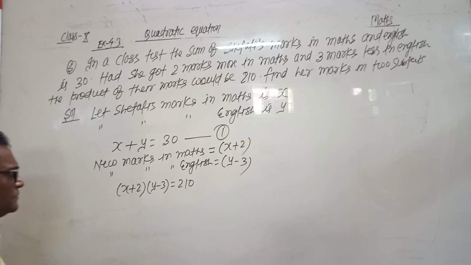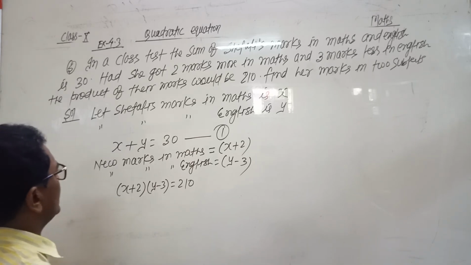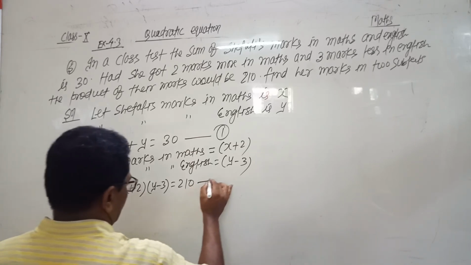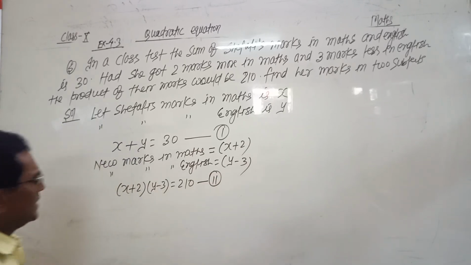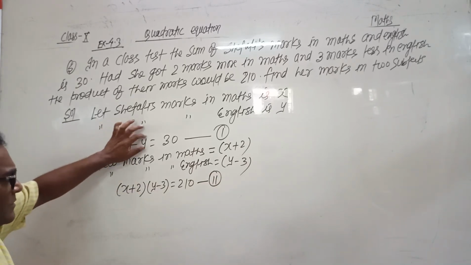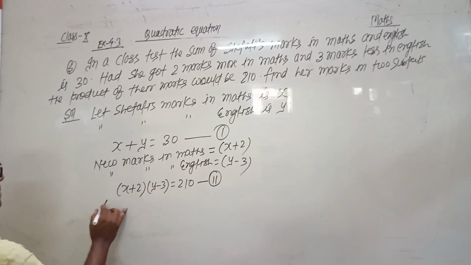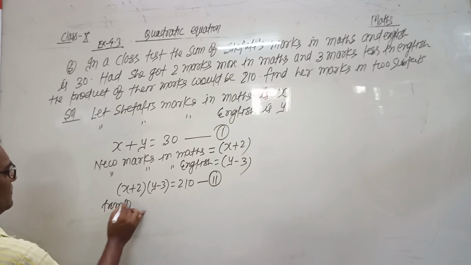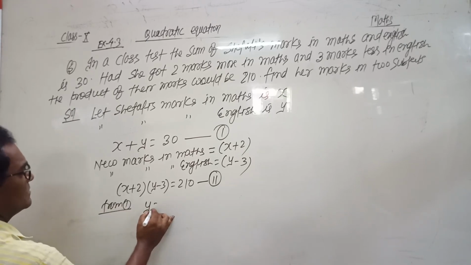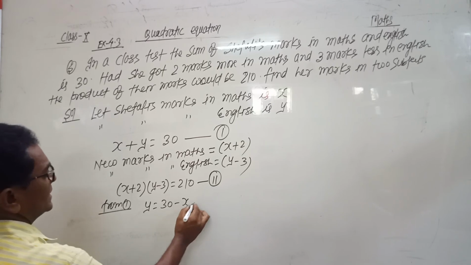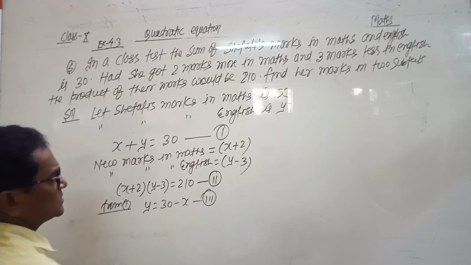Now solve this and name it the second equation. Eliminate the value of Y from the first. So from the first, the value of Y comes to be 30 minus X. This is the third equation.